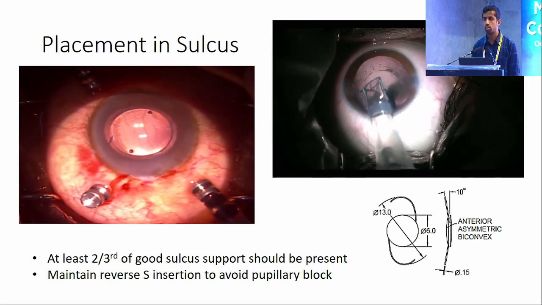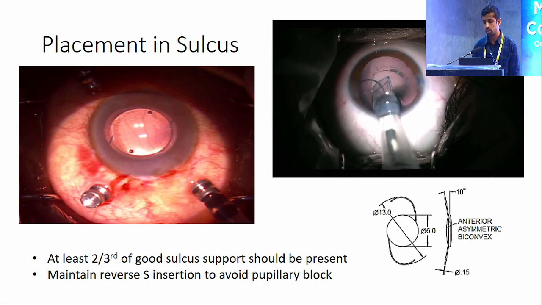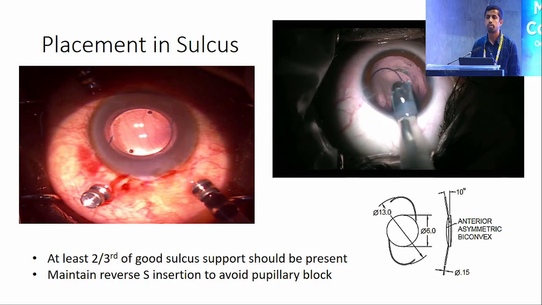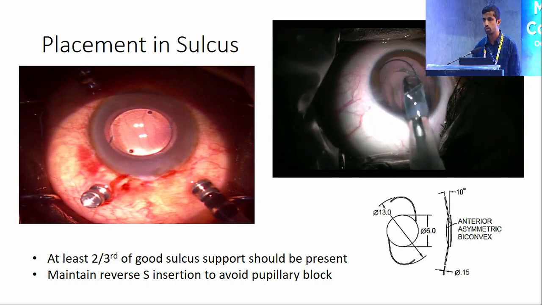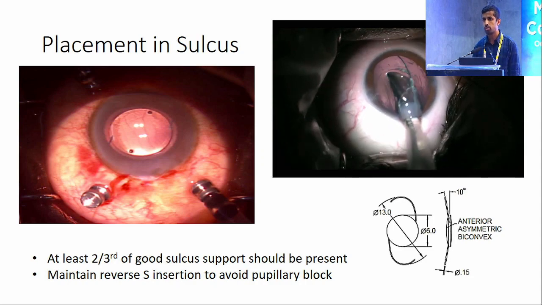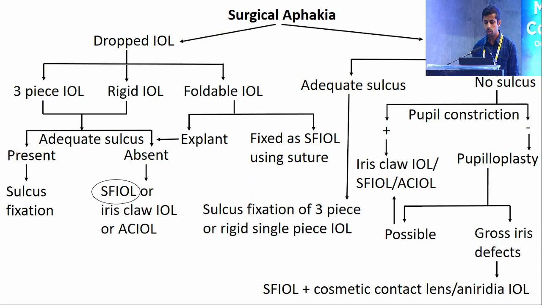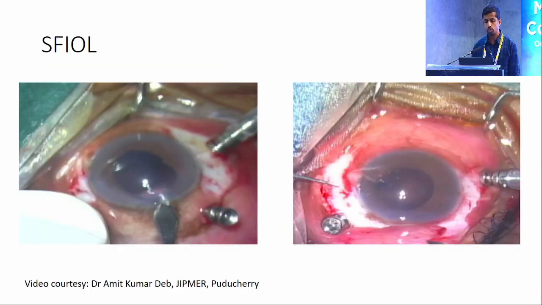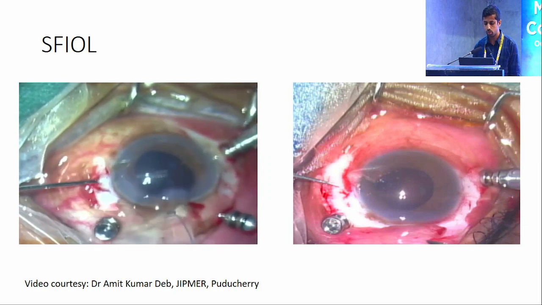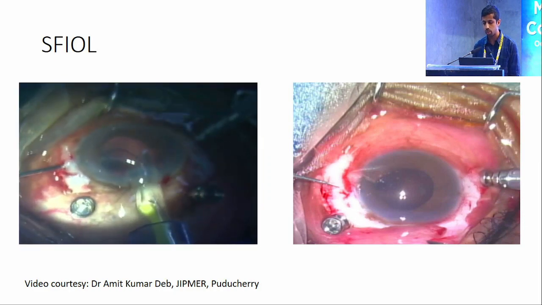So this technique of loading and injecting the foldable 3-piece IOL is very important. First you have to rotate it completely clockwise 180 degrees and then again come back anti-clockwise. So these are a few techniques of SFL. There are various techniques. This is a video showing the Exnic technique of SFL placement.